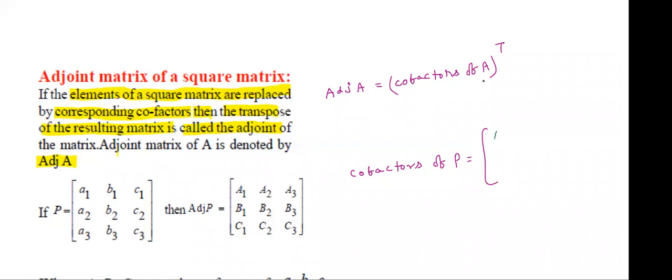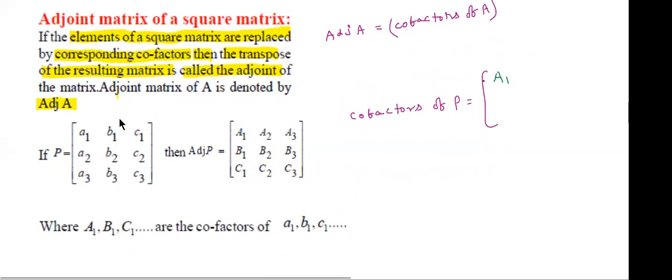Small a1 has cofactor capital A1, small b1 has cofactor capital B1. Here A1, B1, C1 are cofactors of a1, b1, c1. Next, A2, B2, C2.